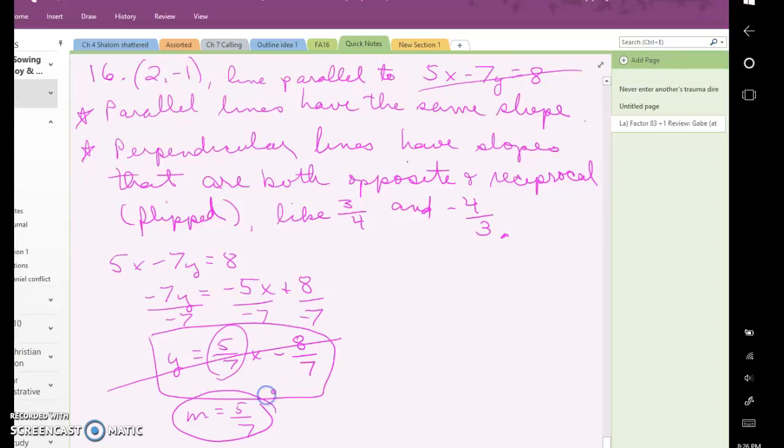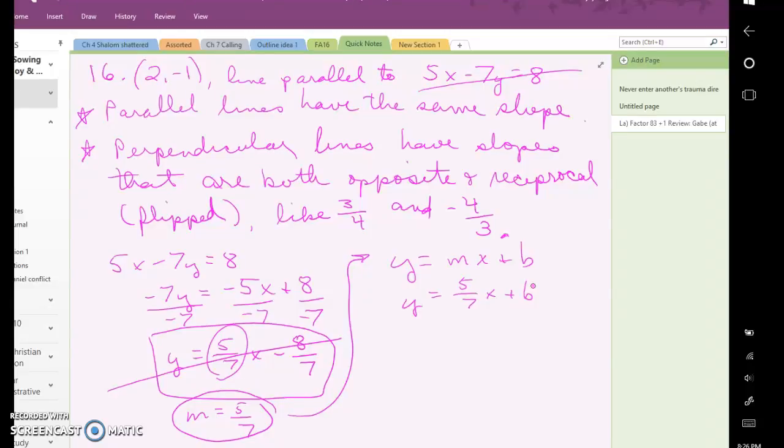We're going to pull that slope into our second line. So we are looking for a y equals mx plus b, where the slope is 5/7. Now you can find this line using the point slope formula. You have the slope and you have a point 2, -1 that the line goes through.